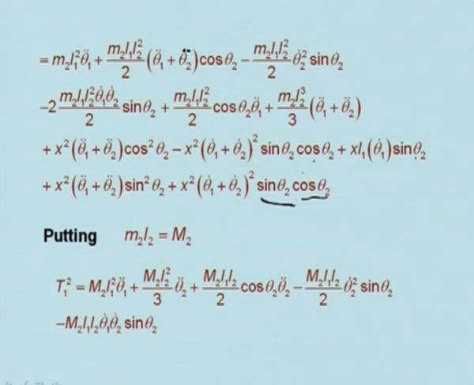So we are getting very big, lengthy expressions. You must check them by calculations, because when you do such big expressions, there are chances of mistakes. That's why nowadays most of these integrations are carried out on a computer.